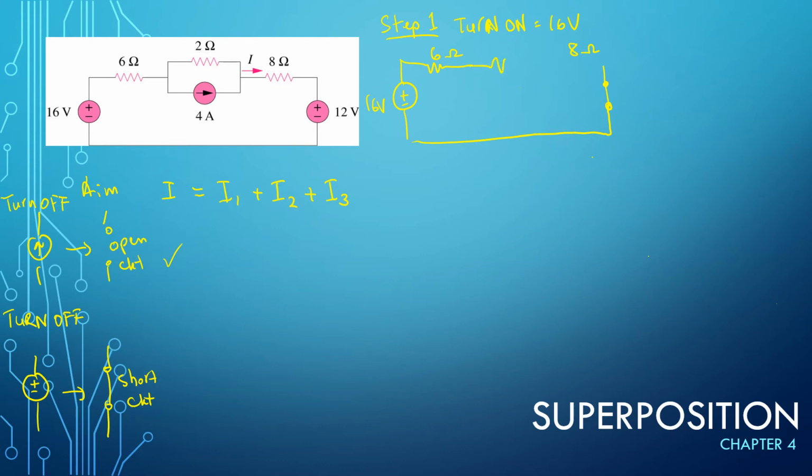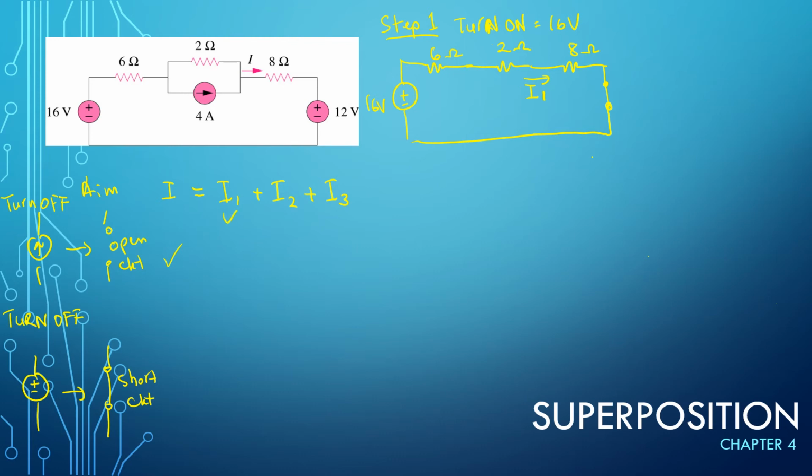This is 2 ohms here. Sorry, 2 ohms, and this is 8 ohms. So you have the one you are familiar with, right? A linear circuit. Okay, now this I is I1, this condition.